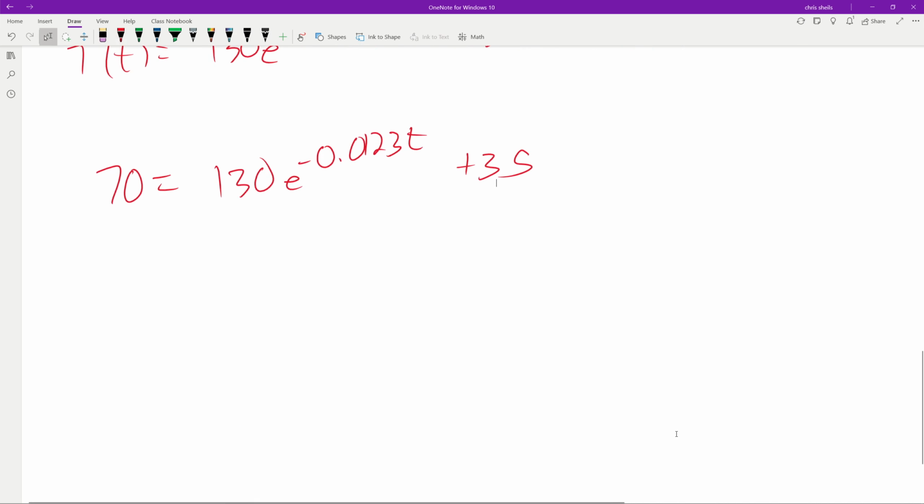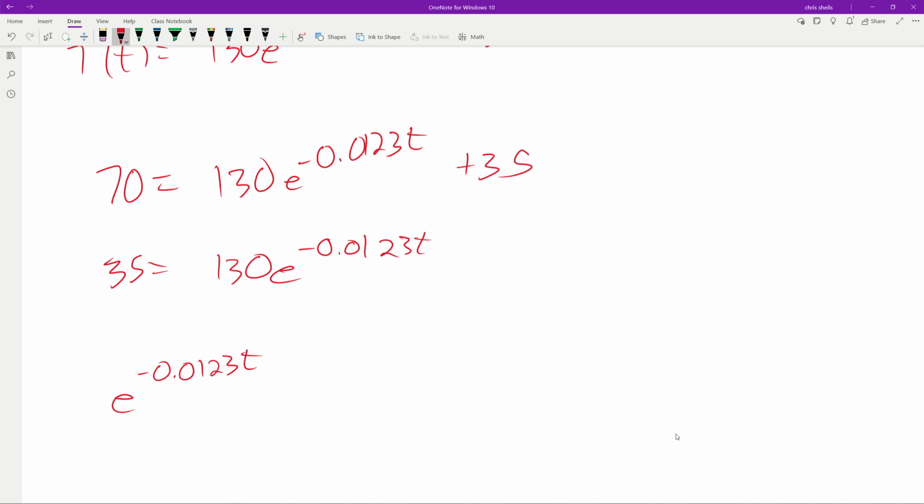I can solve for the amount of time it will take, and this is going to give me an answer in minutes, in order for my cheesecake to be edible, I suppose. Anyway, subtracting 35 from both sides, I get 35 equals 130 e to the negative 0.0123 t. Dividing both sides by 130, e to the negative 0.0123 t is equal to 35 over 130.